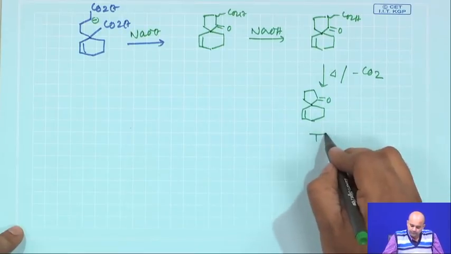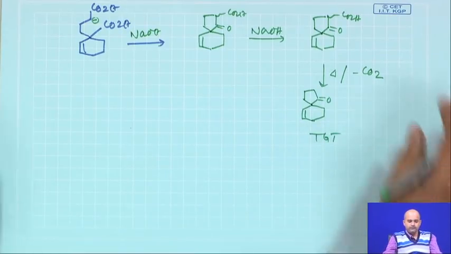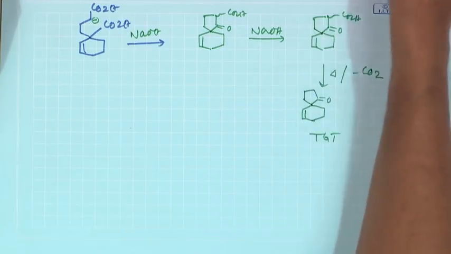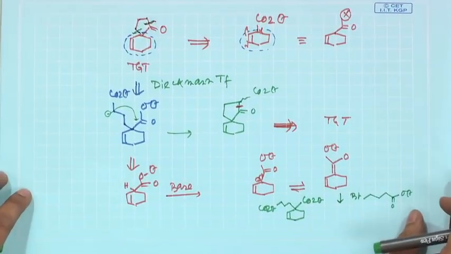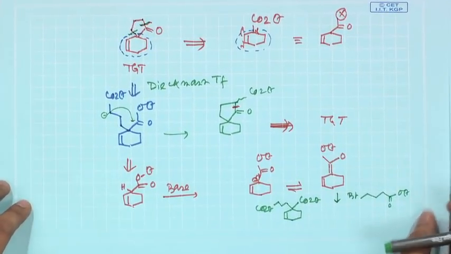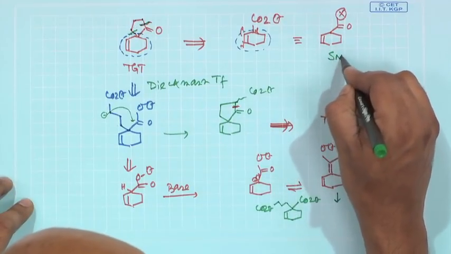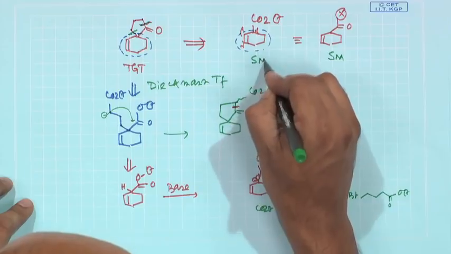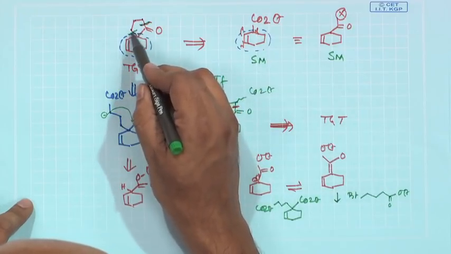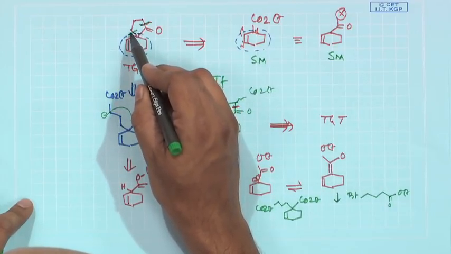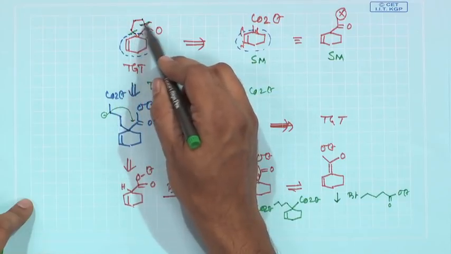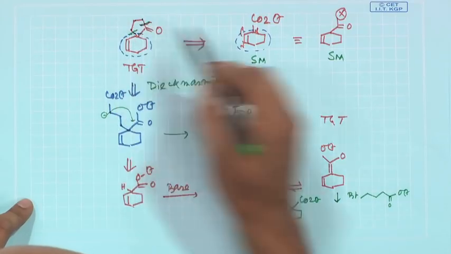So, eventually, if you see the whole target and try to correlate with this particular starting material, you will find that this involves basically 2 bond making. You are making a new carbon-carbon bond here, you are making a new carbon-carbon bond here. This part was given to you.